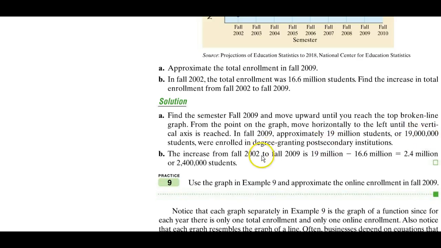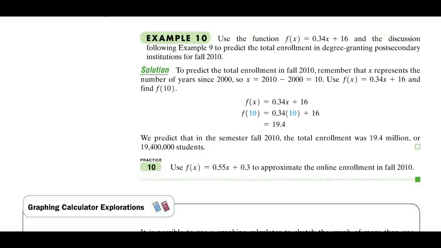So subtracting the 16.6 million from that gives you 2.4 million students.